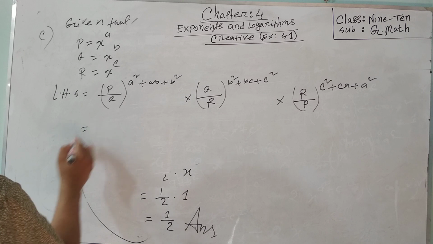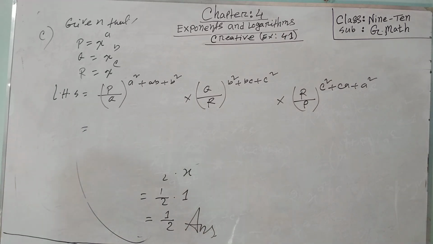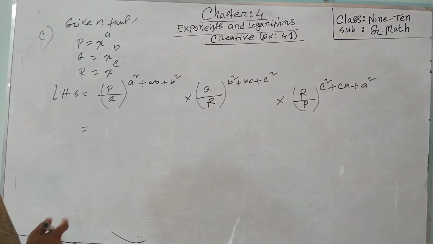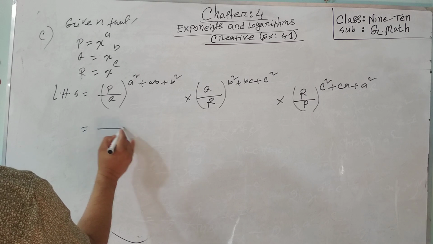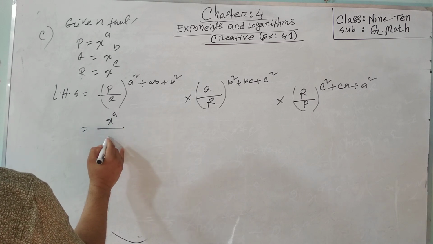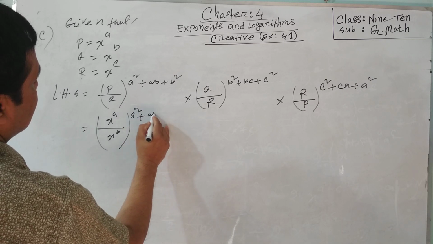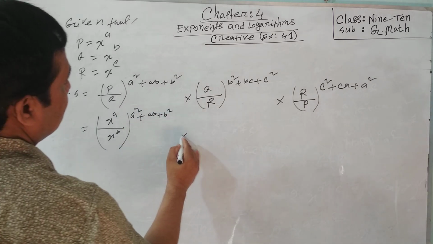Similarly, we put the value of p, q and r. Here the value of p equals x to the power a, q equals x to the power b, to the power a square plus ab plus b square.